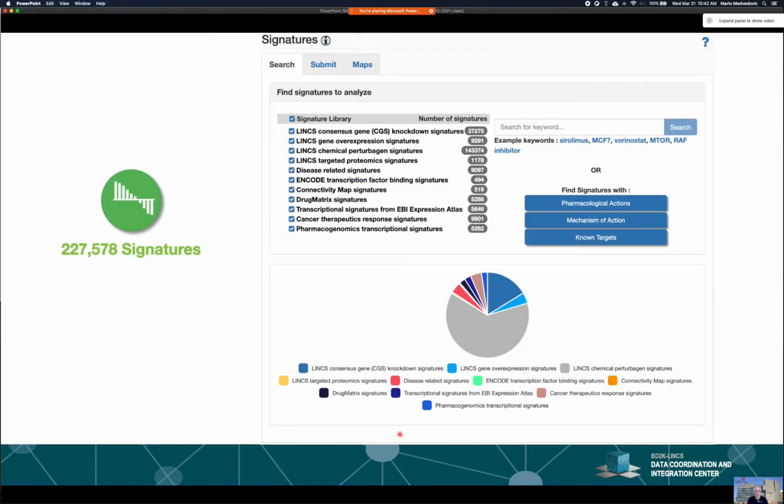So just to give you a little bit more on the signatures that are there, we have signatures of genetic perturbation of genes.